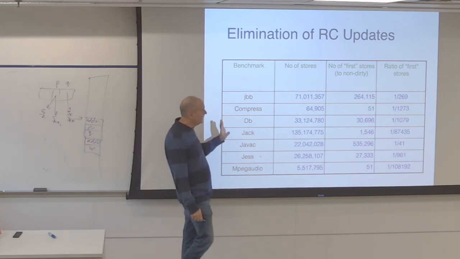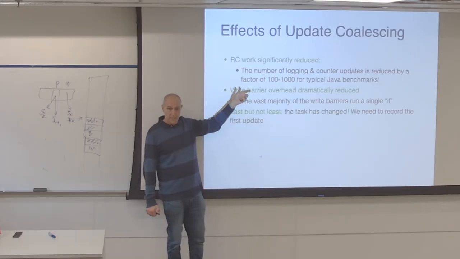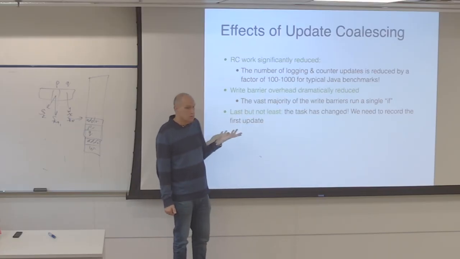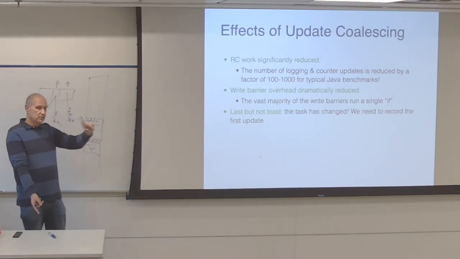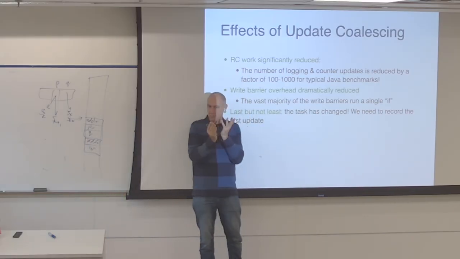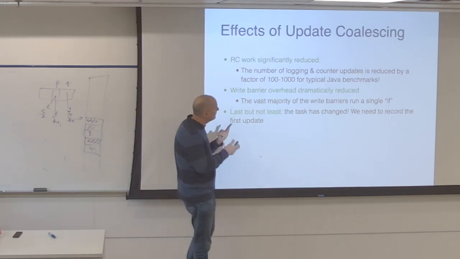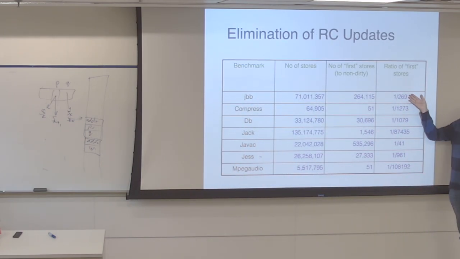Okay, so the first thing is that you really significantly reduce the work of the reference counting. And the overhead of the write barrier is also dramatically reduced because you don't need to decrement a reference count and increment a reference count. You just need to check this flag and decide whether to copy it or not. So there are two things. First of all, in the past, for each pointer modification, I had to do a decrement and increment for the previous and next value.